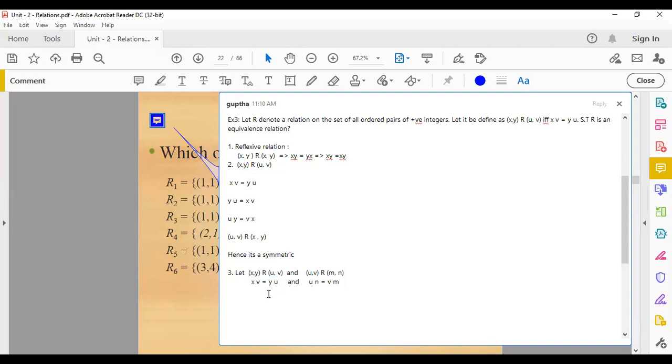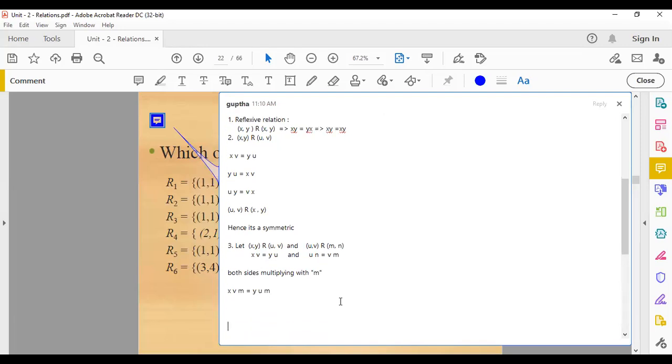If I take, for example, both sides multiplying with M, that is XVM equivalent to YUM. Now, VM, they have given already, VM equal to UN. So here I take it as XUN.